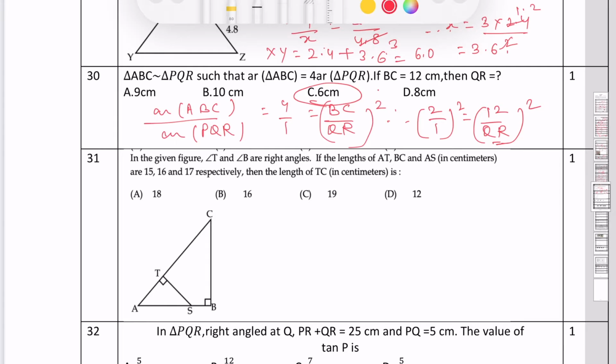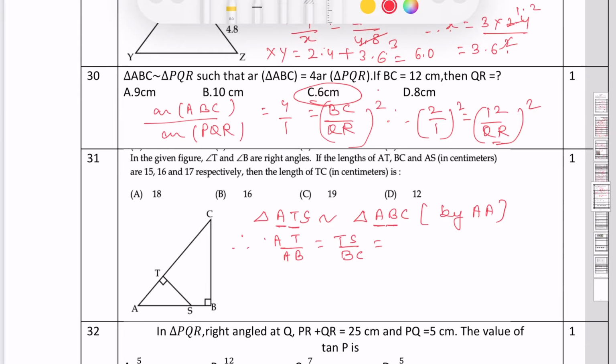Next question, angle T. If you check, triangle ATS is similar to triangle ABC by AA similarity. Why? Because angle A is common and angle T is equal to angle B. So we can take the ratio of the sides. If I take AT by AB is TS by BC.